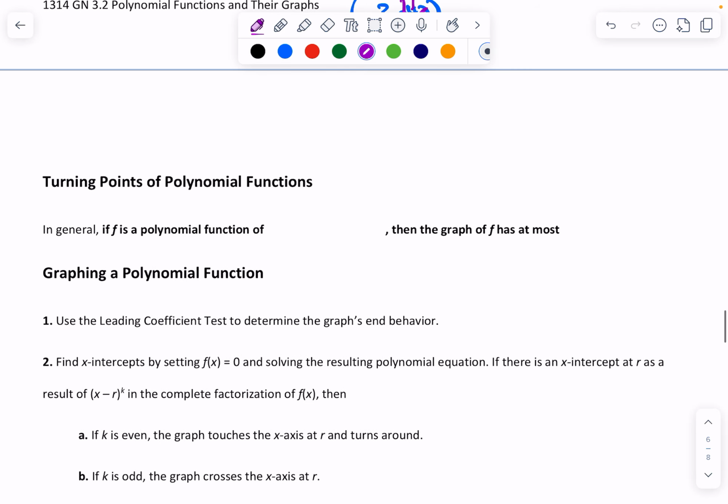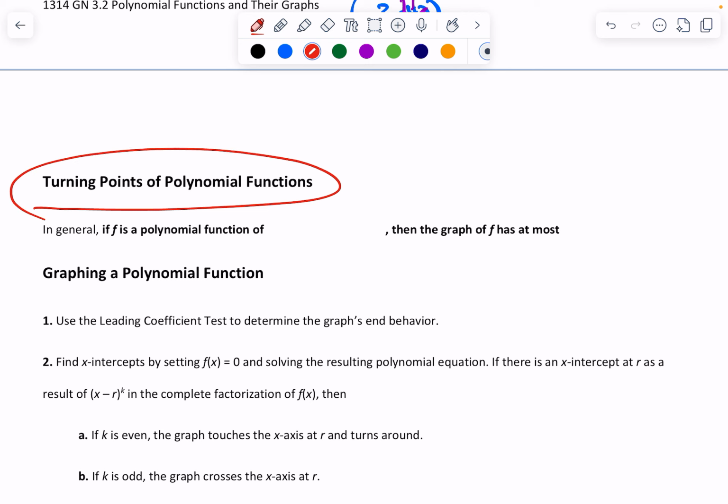Okay, next thing that we're going to define are the turning points of a polynomial function. So in general, if f is a polynomial function of degree n, then the graph of f has at most n minus 1 turning points.